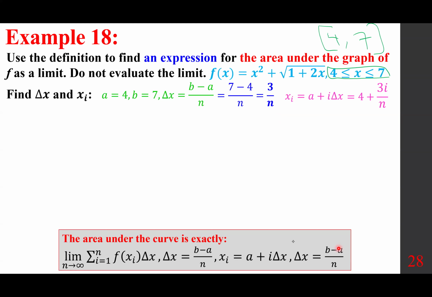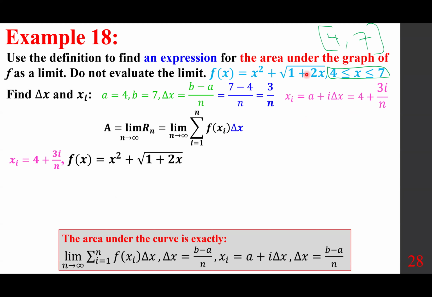So we have everything. Now we're going to move towards this limit where it says A, the area is the limit of, and if this is using the right endpoints, R represents the right, R n as n approaches infinity, the limit of summation of i going from 1 to n of f of x sub i delta x. So we have x sub i and we have f of x.